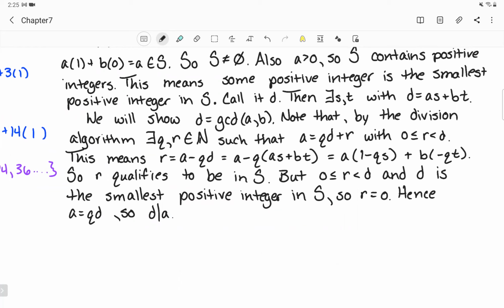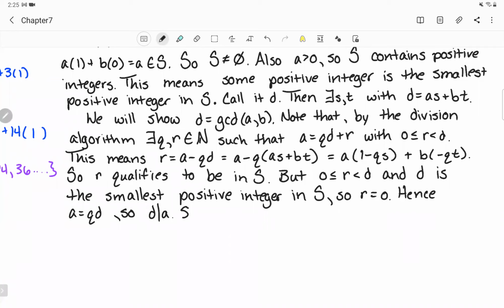All right, so we got D divides A. We also need D divides B, but we could use this exact same setup, right? We would just start with B instead of A and then do the exact same steps. So B equals some Q prime D plus R prime and so on.